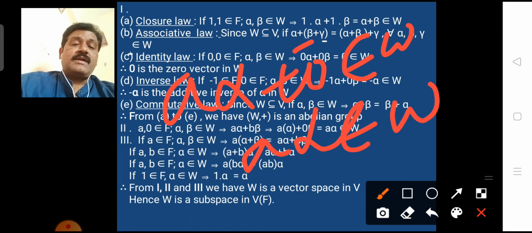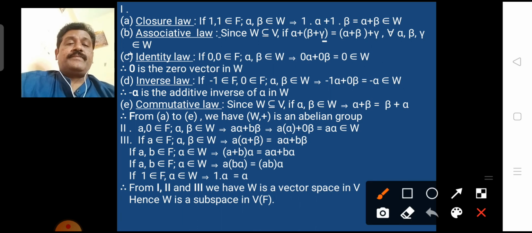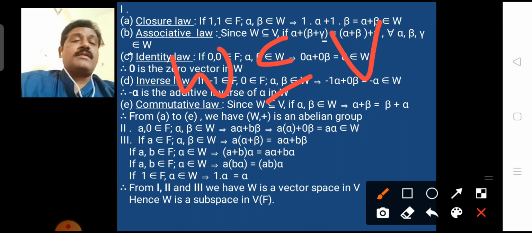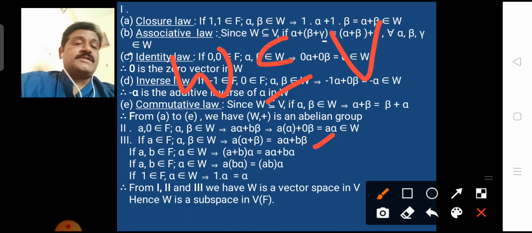And the last one, the third property. Since W is a subset of V, all the elements of W are elements of V, so the 4 properties hold. One: A into alpha plus beta equals A alpha plus A beta.